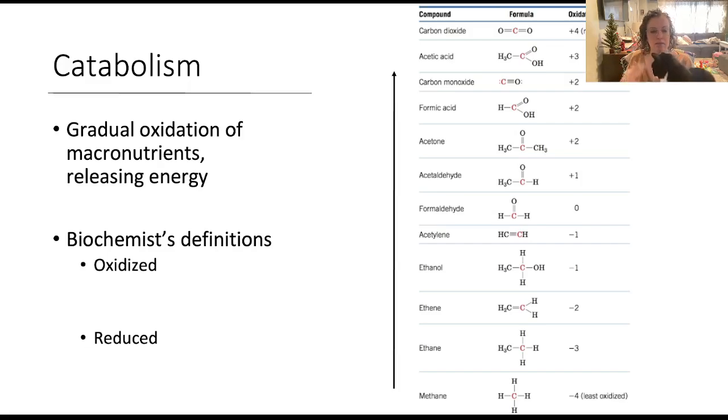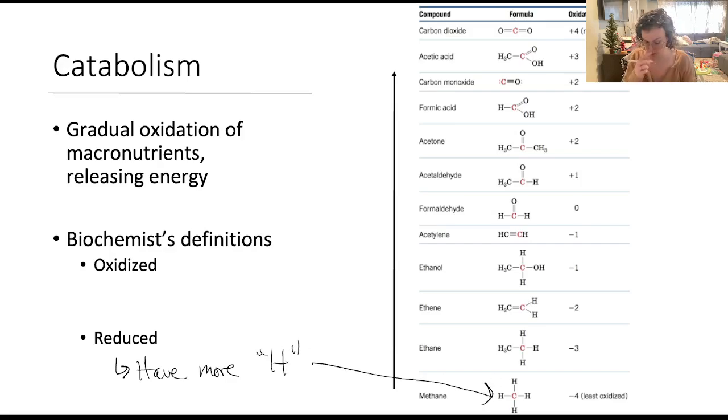And I want us to think about not just the chemist's definition of redox, gaining electrons is reduction, losing electrons is oxidation. But I want us to understand more simple ways that we can look at it as biochemists, just looking at some of these organic molecules. You'll notice that reduced molecules tend to have more hydrogens, right?